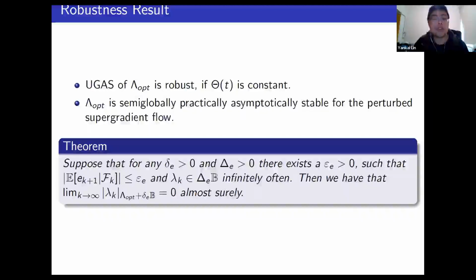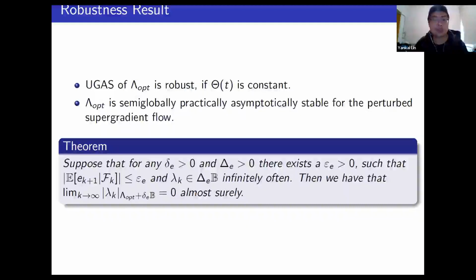So that means that if the bound on the norm of the supergradient error is sufficiently small, then you can converge sufficiently close to the set lambda opt, and this big lambda E can also become sufficiently large. So when this epsilon E goes to 0, then it converges to the set lambda opt, which recovers the previous theorem we stated in the previous slides.